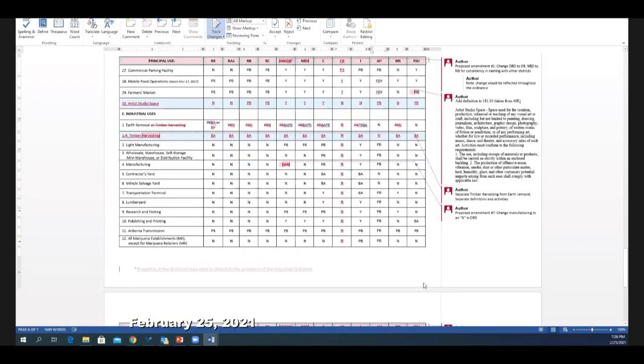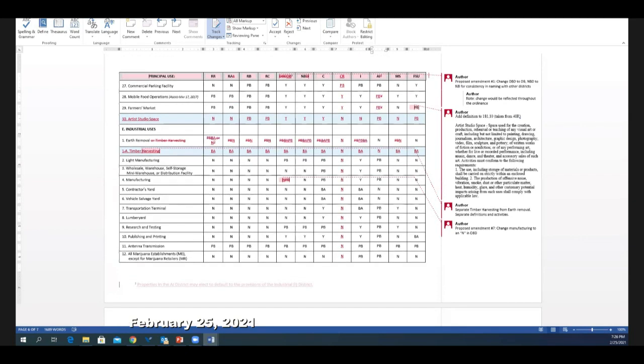All right, does anyone else have any questions or concerns with the use table that we should address? All right, I would entertain a motion to approve the table of principal uses as amended. So moved. Do I have a second? Second. Is anyone opposed? I'm opposed to one section, the commercial recreational use, so the planning board.